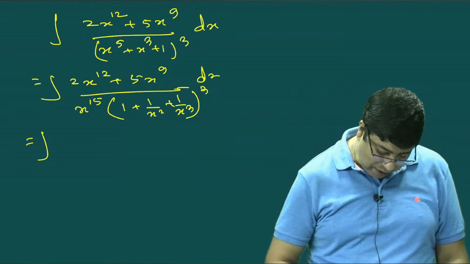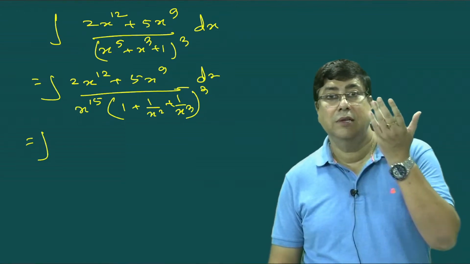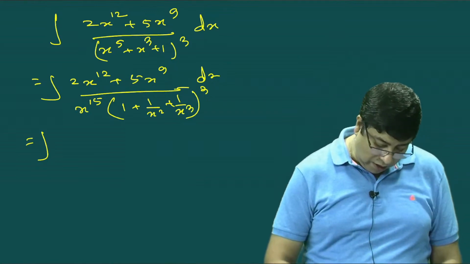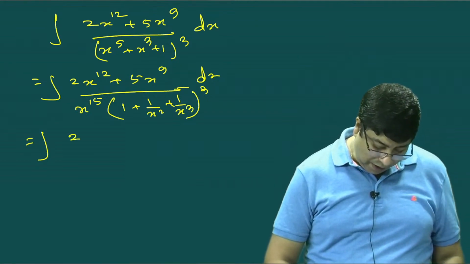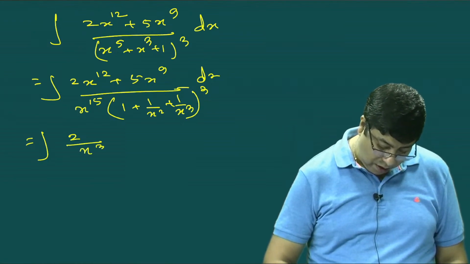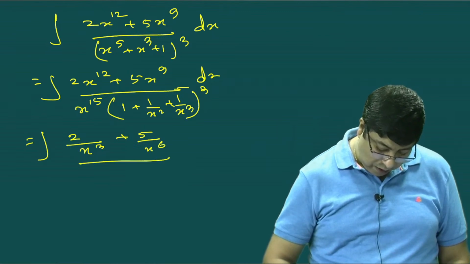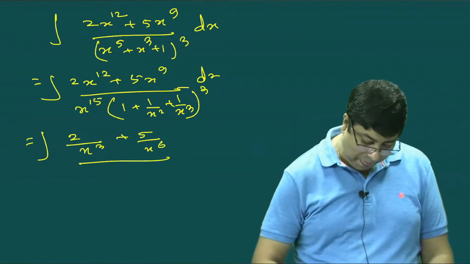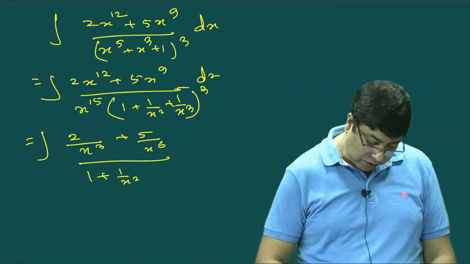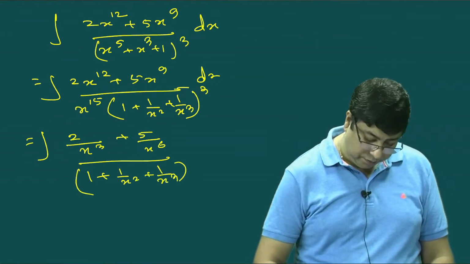If we divide this with the numerator x to the power 15, applying the indices in the numerator, we are getting 2 by x to the power 3 plus 5 by x to the power 6 total divided by 1 plus 1 by x square plus 1 by x cube whole to the power 3.